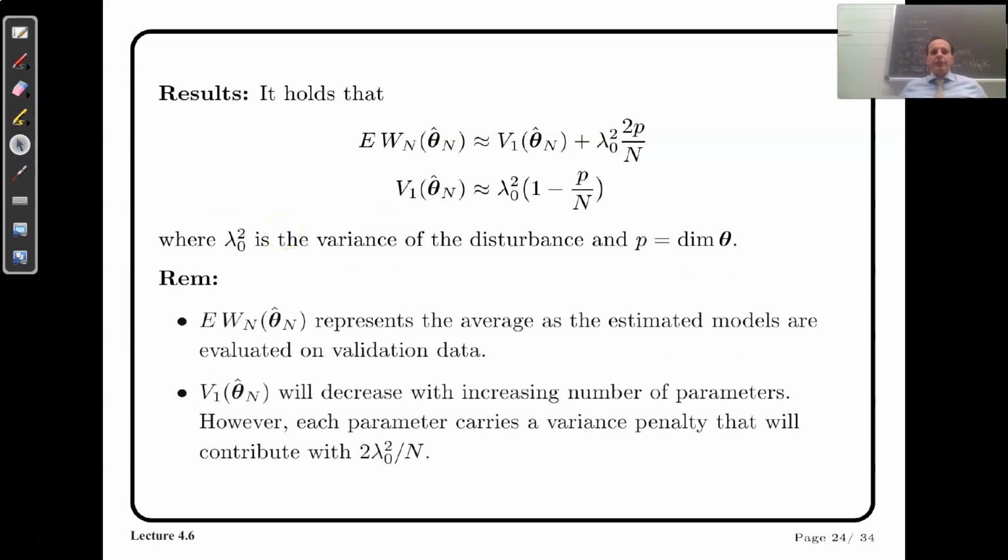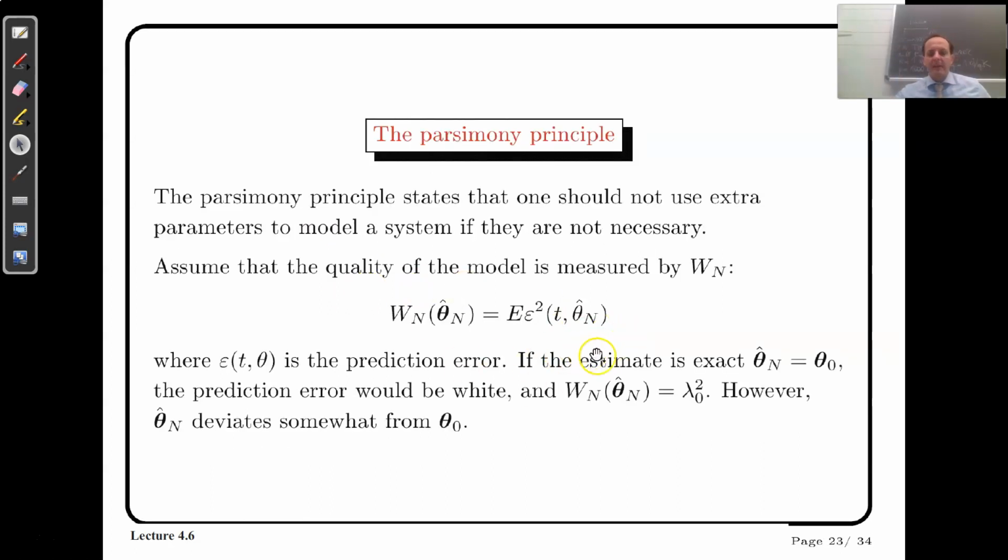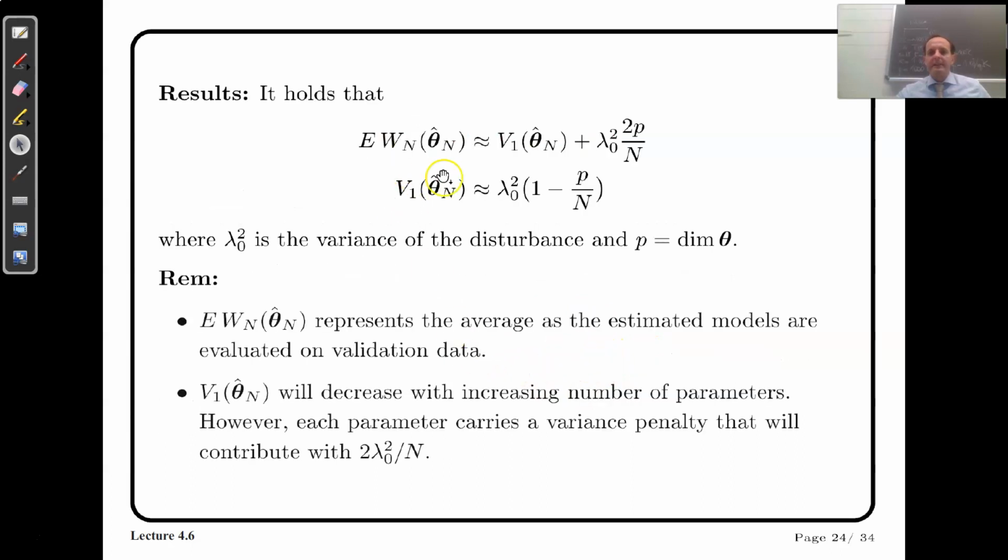So it can be shown that the expected value of this cost function, because it's something that should be predicted, can be explained as two contributions. One contribution depends on the mean square error.